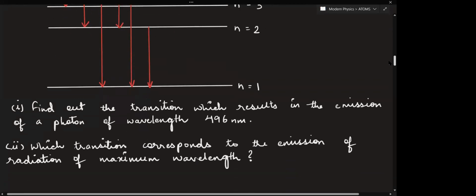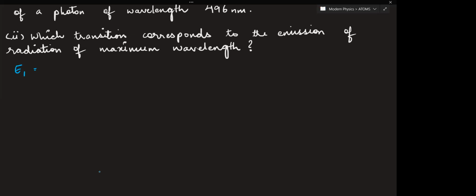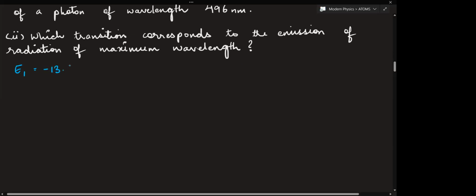Now for that, first let us find out what all the energies are. So E1 is, how much is E1? We have seen in the previous question: minus 13.6 electron volt.